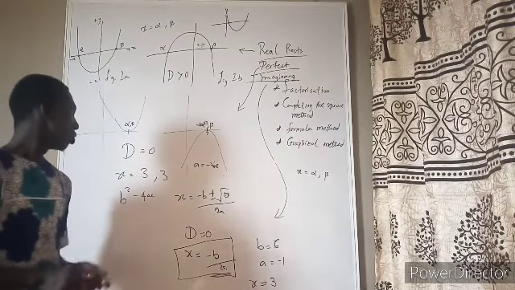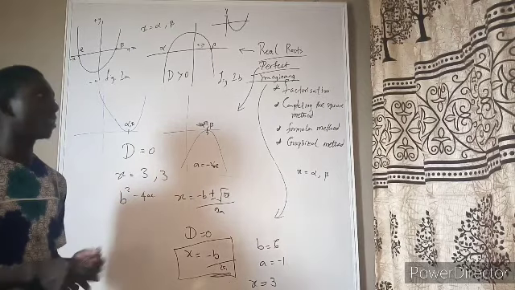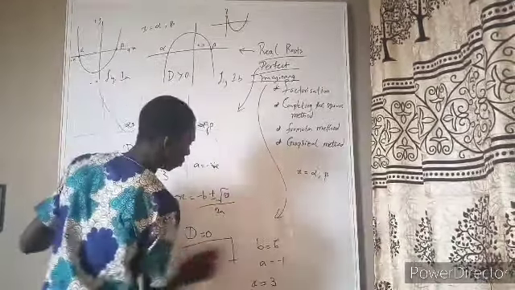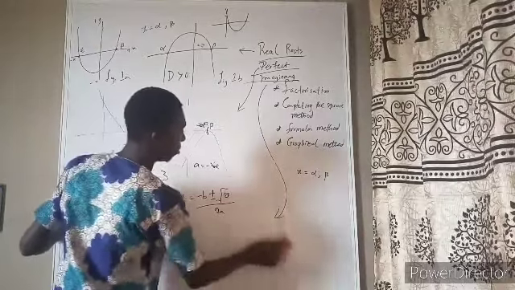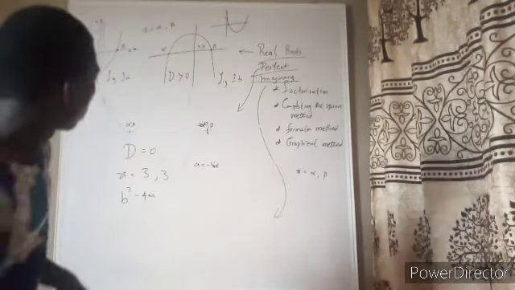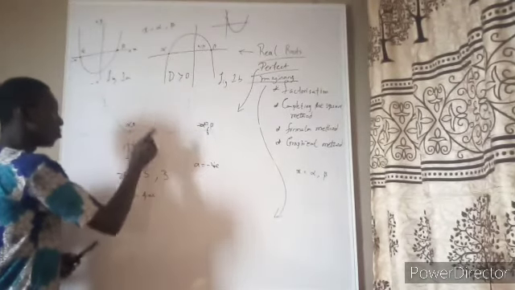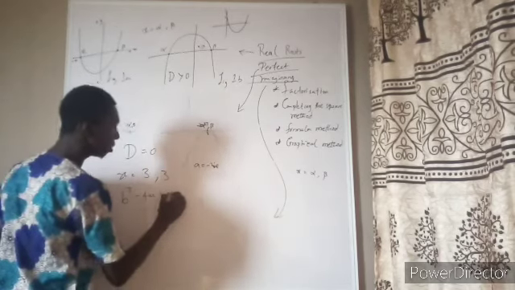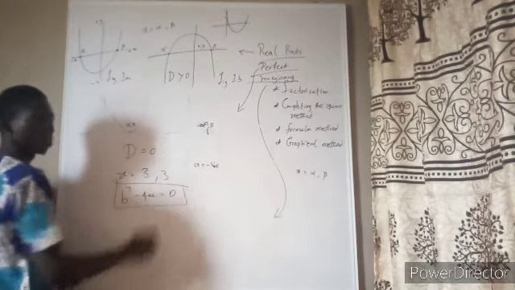So that's that about perfect squares. And there's a way I said I will explain how you can know if your quadratic equation is a perfect square. It is here already, only if you can see it. Once your D equals 0, definitely it is a perfect square, so once your b squared minus 4ac equals 0, this is the formula you use.